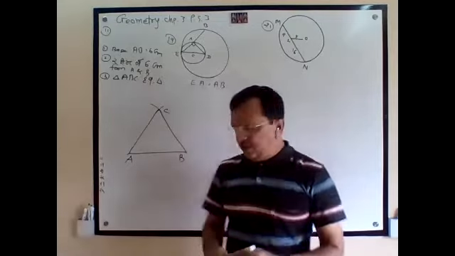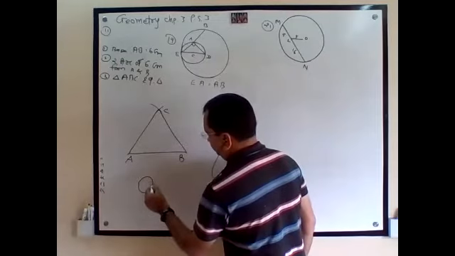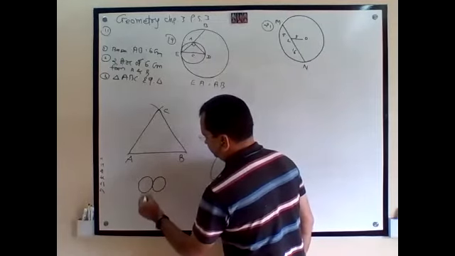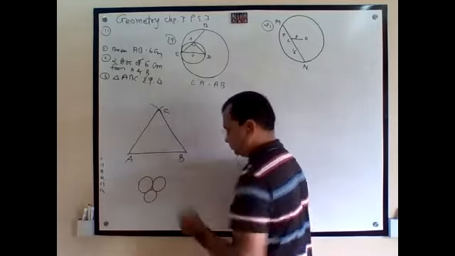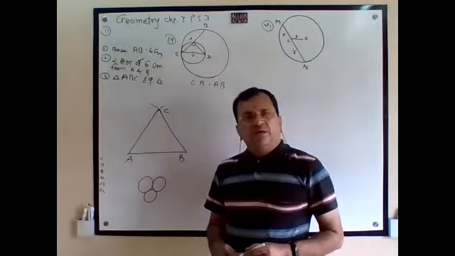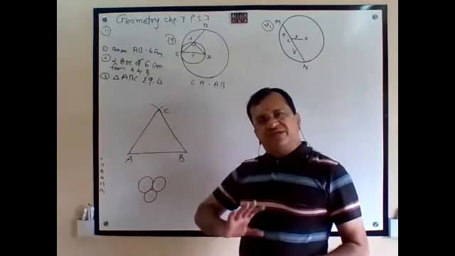Again, we want 3 centimeter circles touching each other. In this type of diagram all 3 circles are equal, of 3 centimeters.